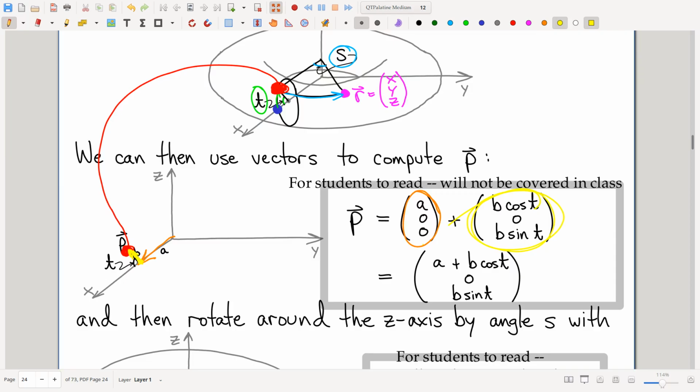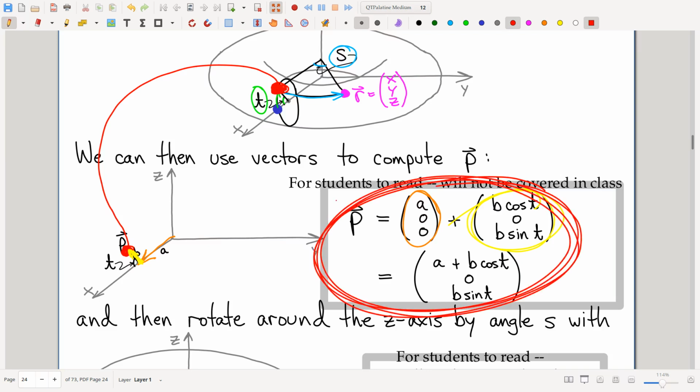Now, there's a little bit of analytic geometry there, a little bit of trig. Think it through, make sure you can do this. This orange vector is pretty clear. This yellow vector, you can see it depends on that angle T, and you've got to write down the trig and think through those details. I claim you get that. And so we have the coordinates for that red point, like so.